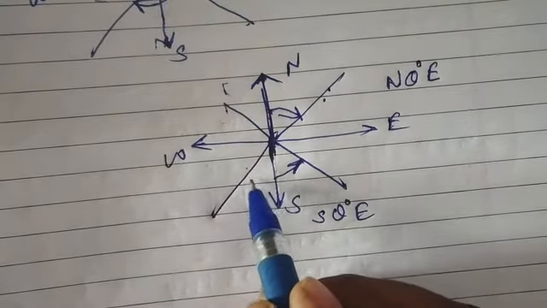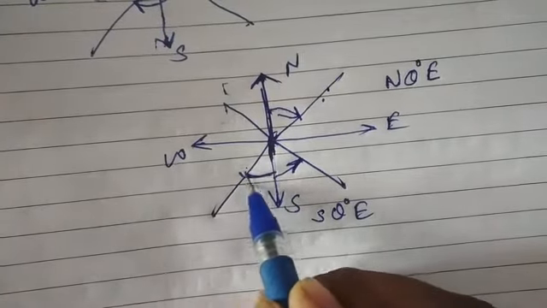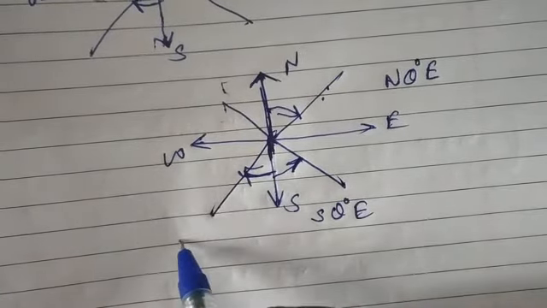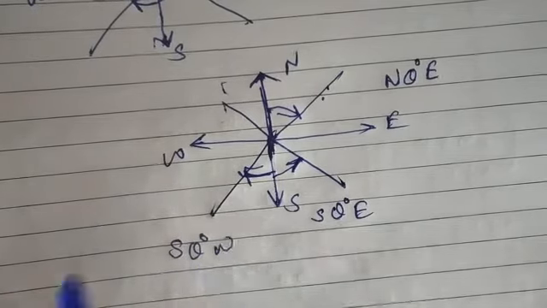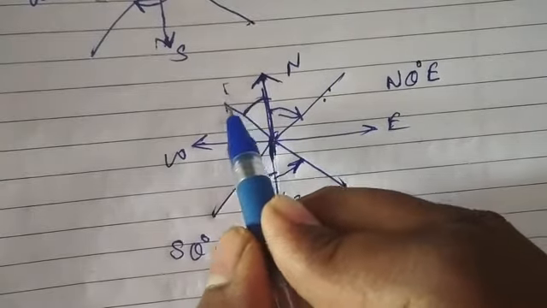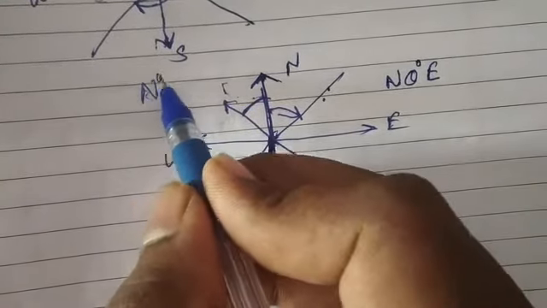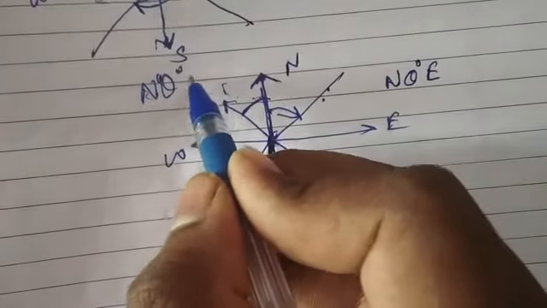For this line the quadrantal bearing will be this angular distance, so it will be south theta degree west. For this line it is this angular distance, so it is represented as north theta degree west.